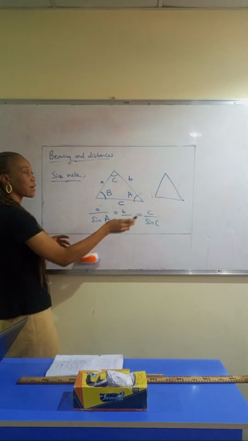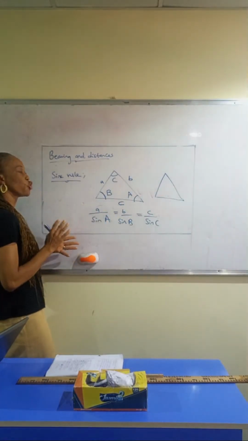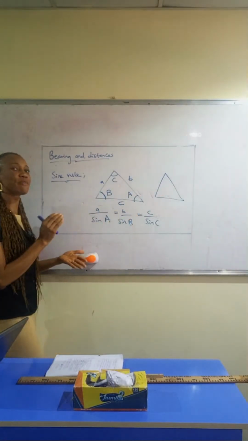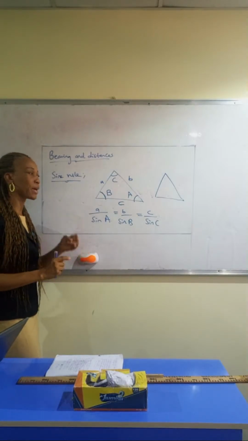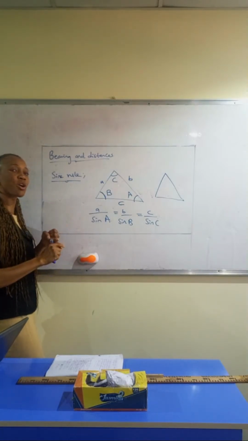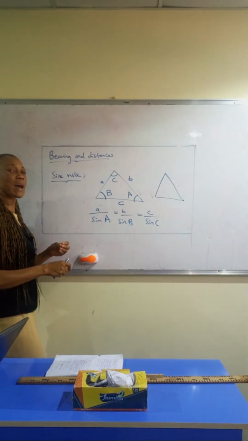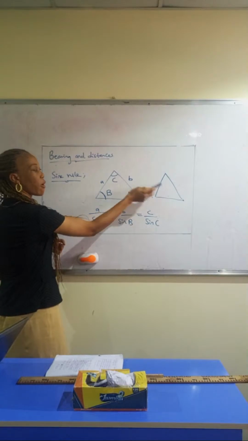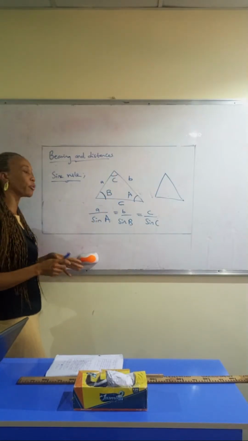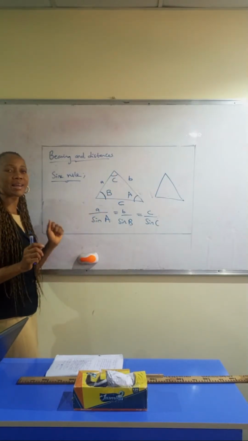Once you sketch out the problem in this form, you will now apply sine rule. It's very easy. Just note the steps. The first thing is read the question carefully. Read the question carefully and interpret the question in this form to form a triangle. Then third step, apply sine rule.